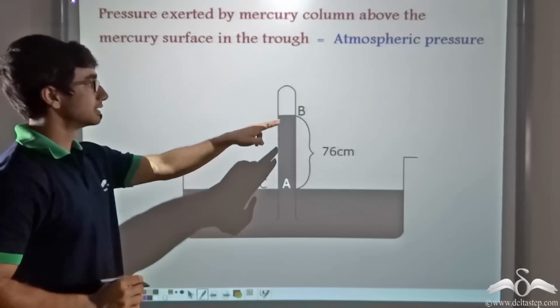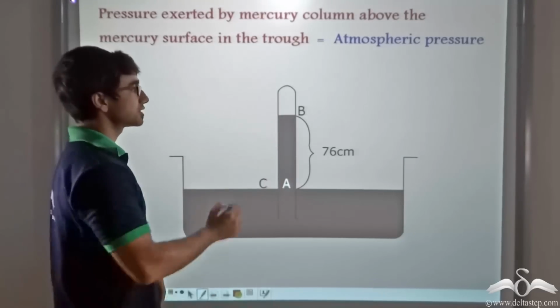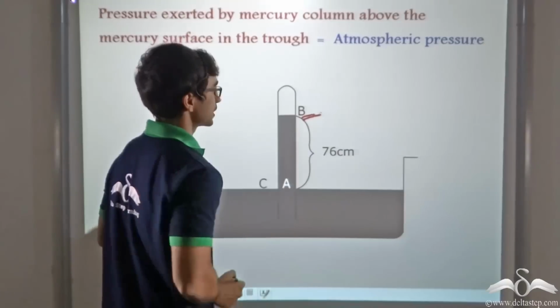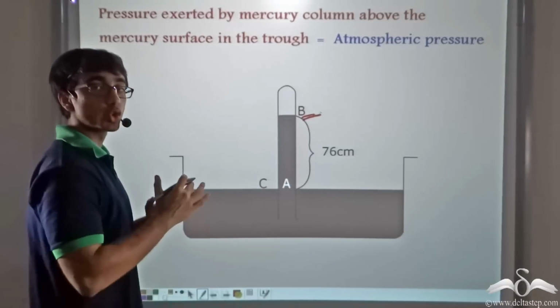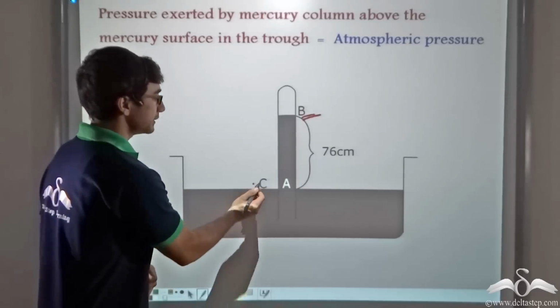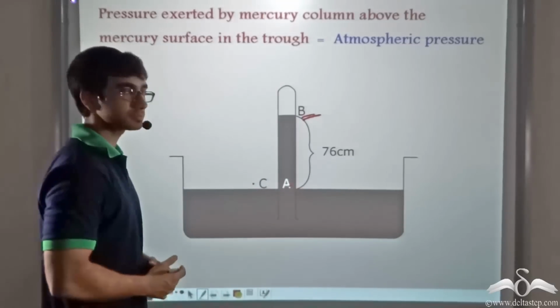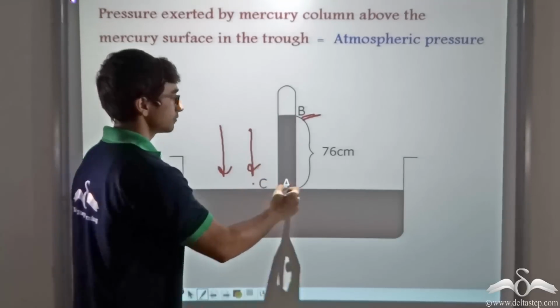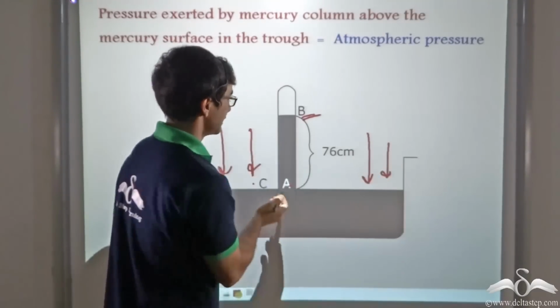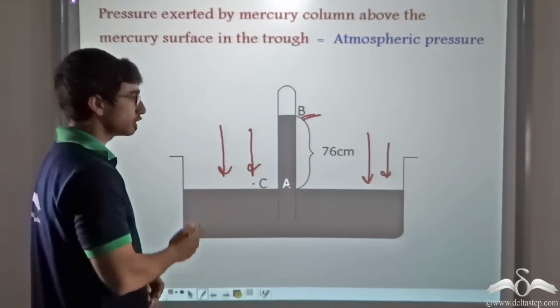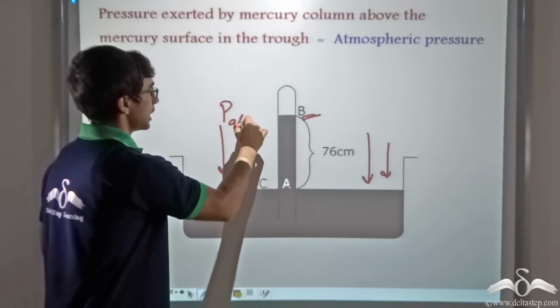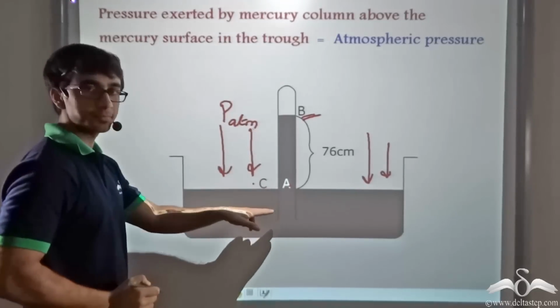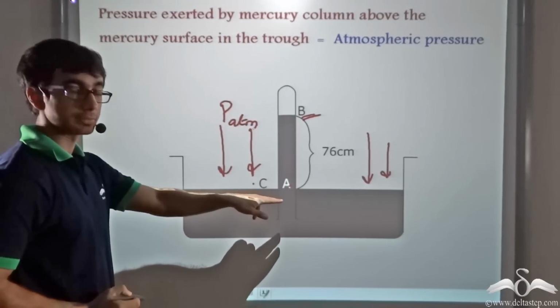Now when the liquid stops moving and becomes stationary at point B, that is the time when there is no more pressure difference between C and A. At point C, atmospheric pressure is acting because point C lies on the trough of mercury. However, at point A, there is no atmospheric pressure.